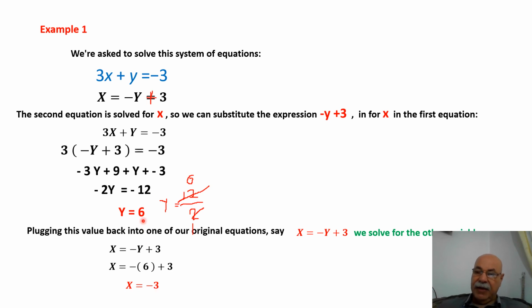Now I have y equal 6 and x equal minus 3. So the solution of this system of equations is x equals minus 3 and y equals 6. I have two values for x and y.